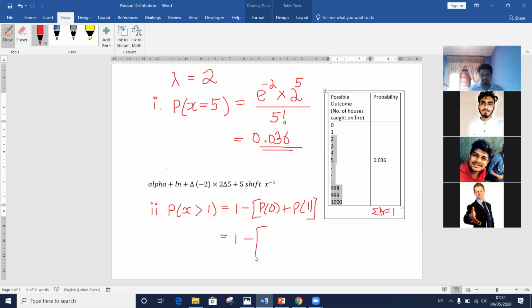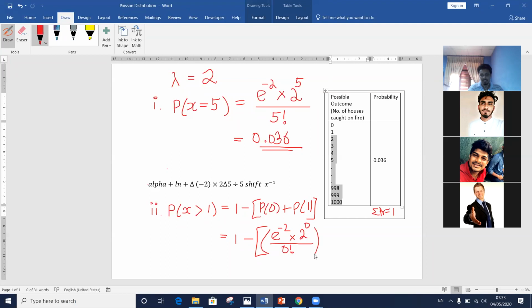If you consider the first one, how should it be? e to the power minus lambda, where the lambda value is 2, multiplied by lambda to the power x. Now what is the x value? I am going to consider this one, so x is 0, divided by x factorial, which means 0 factorial.